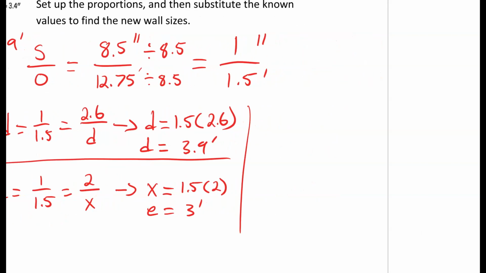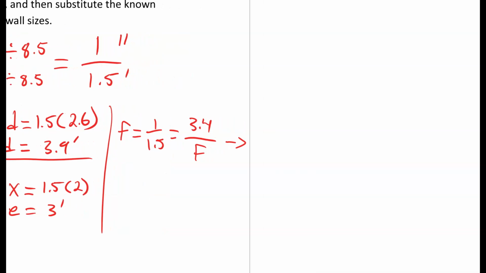And our last one to calculate for is F. And it's going to use that same scale factor of 1 over 1.5 equal to 3.4 over F. We do our cross multiplication. F equals 1.5 times 3.4. So F is equal to 5.1 feet.